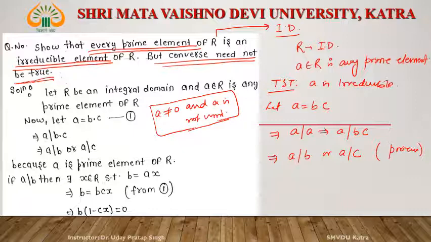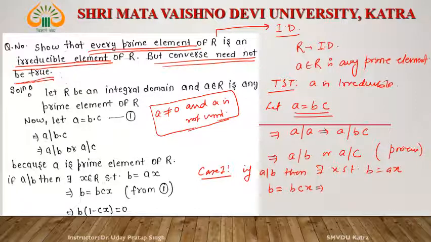So consider the first case. If a divides b, then there exists x such that b is equal to ax. So b is equal to bcx, since a is equal to bc. Then this implies that b(1 minus cx) equals 0.